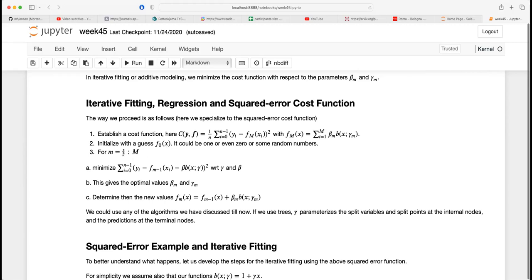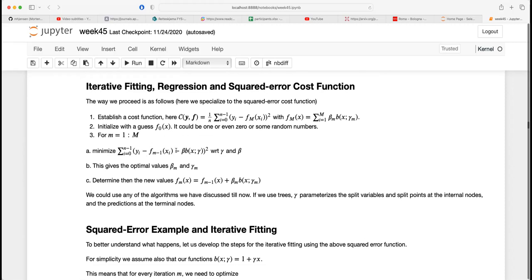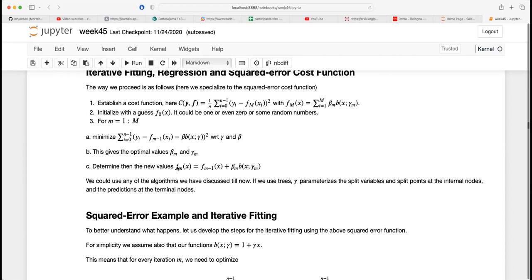And then you would loop from m equal 1 to uppercase M. You would minimize this function in this particular case with respect to the parameters gamma and beta. You would find the optimal parameters for that specific iteration, and then you would update the new values of the function.